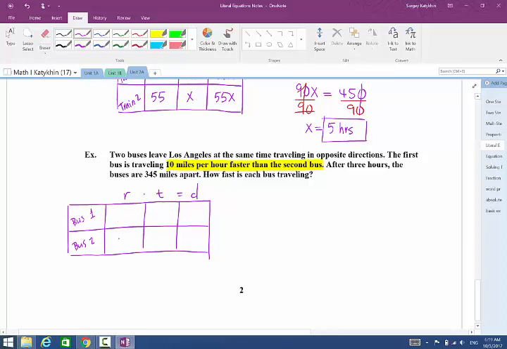So let's call the second bus R speed. We don't know what that is, but we know it's some kind of rate. Well, if that's the case, then the first bus is going 10 miles faster. So let's go ahead and put R plus 10.